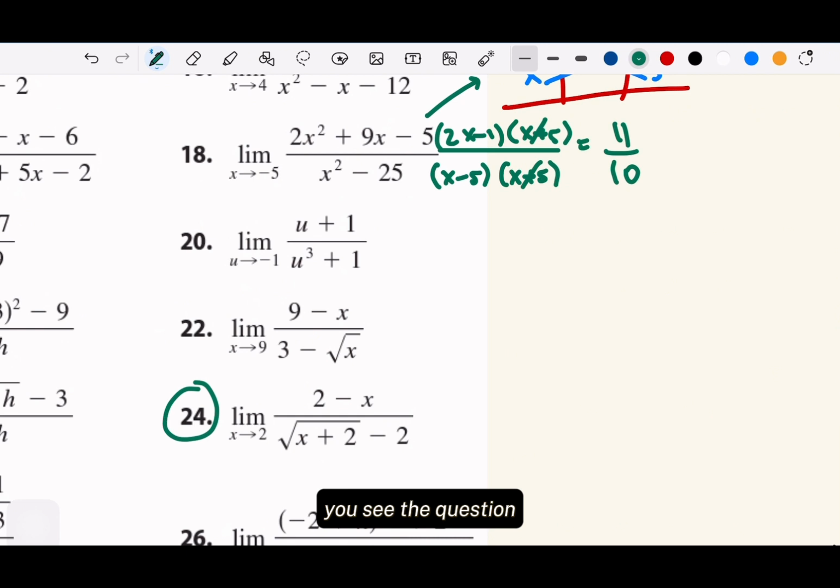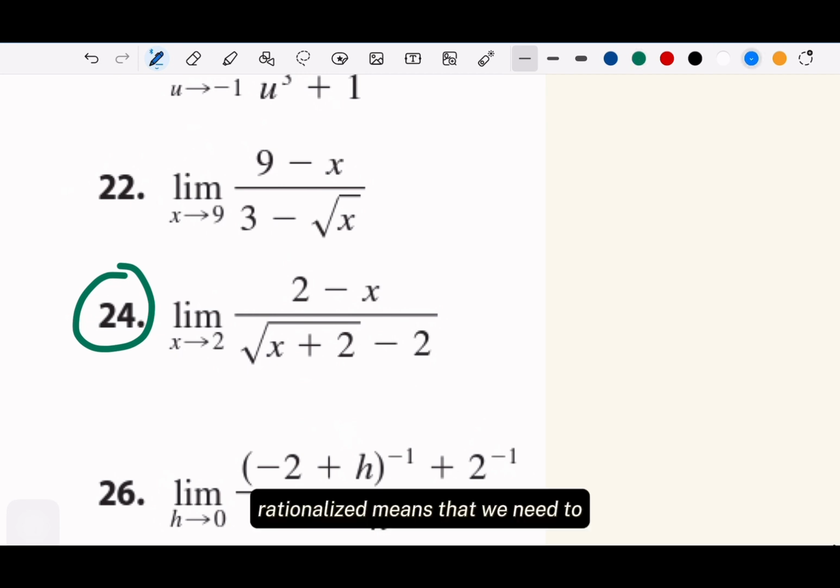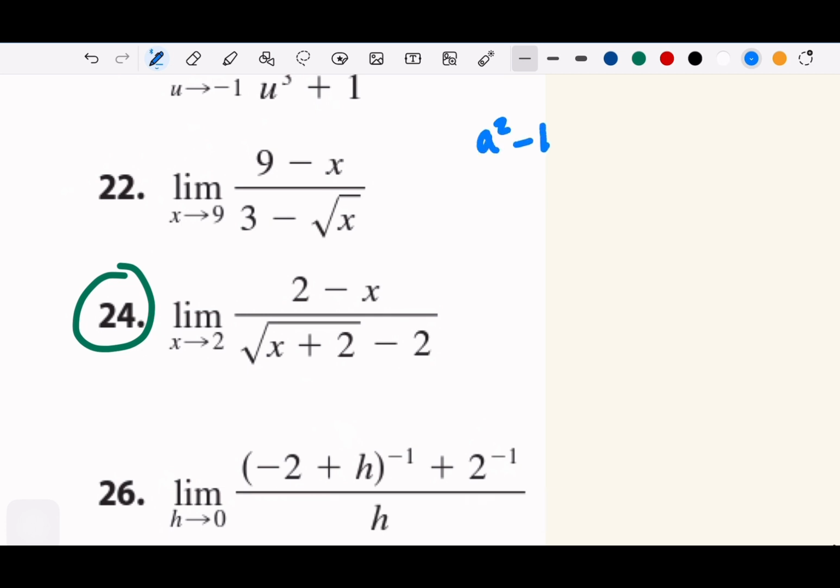If you see the question, how to rationalize? Rationalize means that we need to remove the square root. So we need to multiply with another component that can remove the square root. The best way to remove this is by taking this expression.